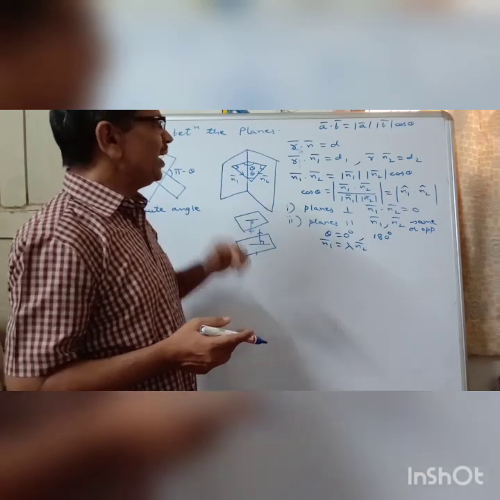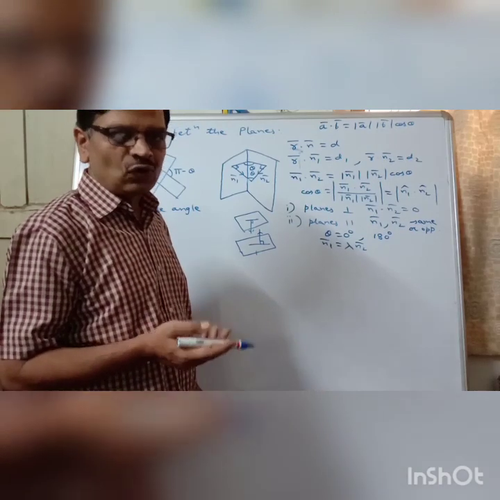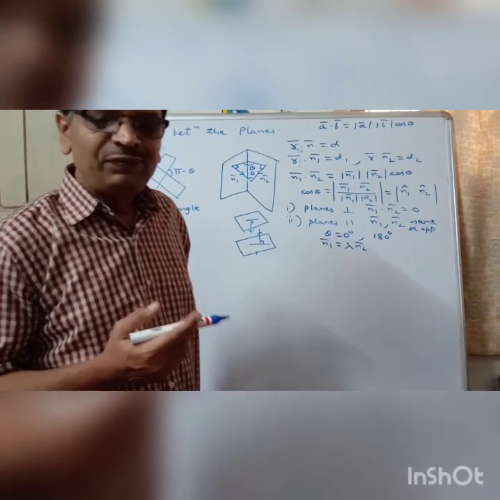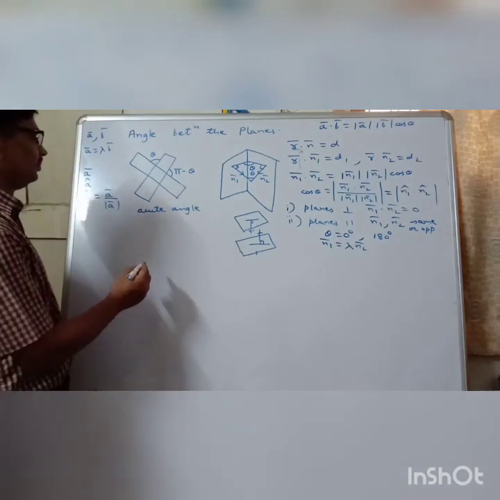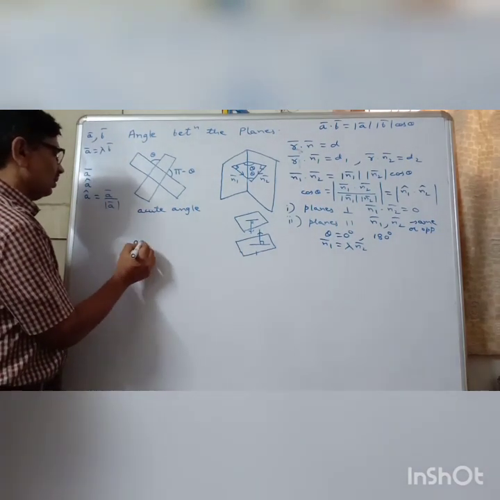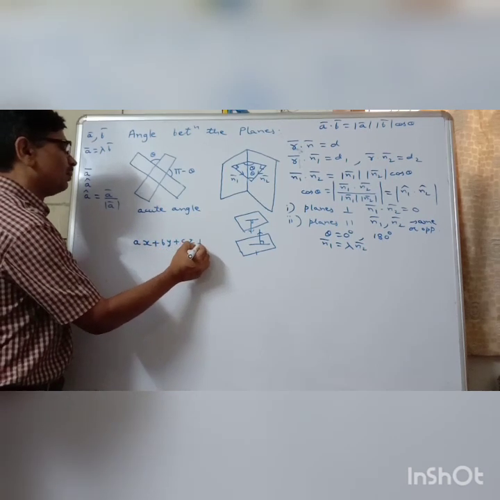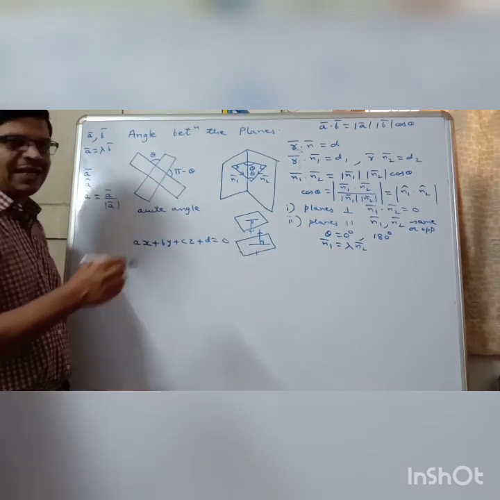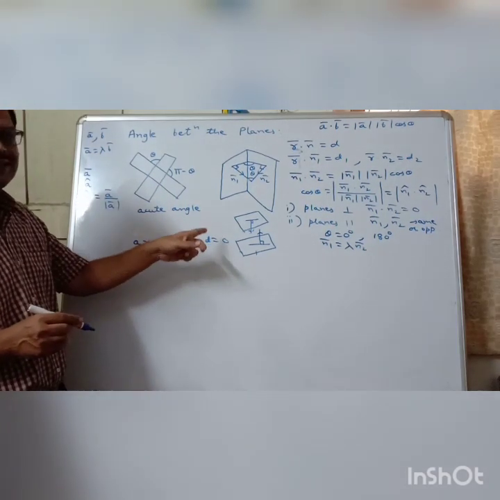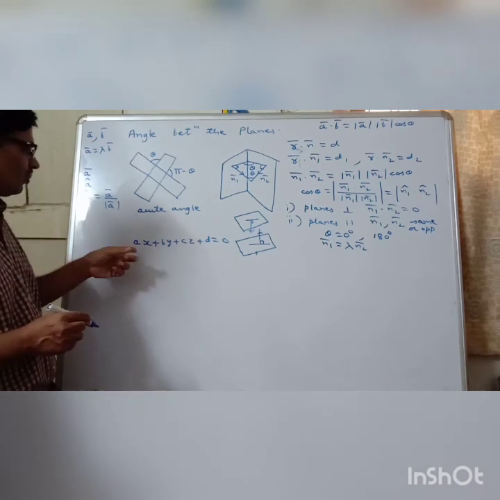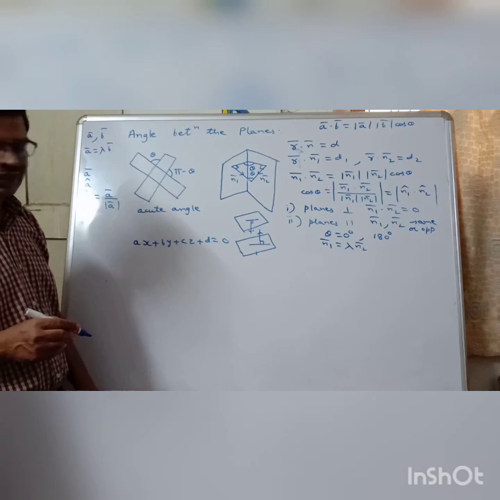Now here the equations of two planes are in vector form. Instead of that, if the equations of two planes are in Cartesian form, usually we write the equation of a plane in Cartesian form like this: ax plus by plus cz plus d equal to 0. Terms of x, y, z are there, and a constant term is also there.